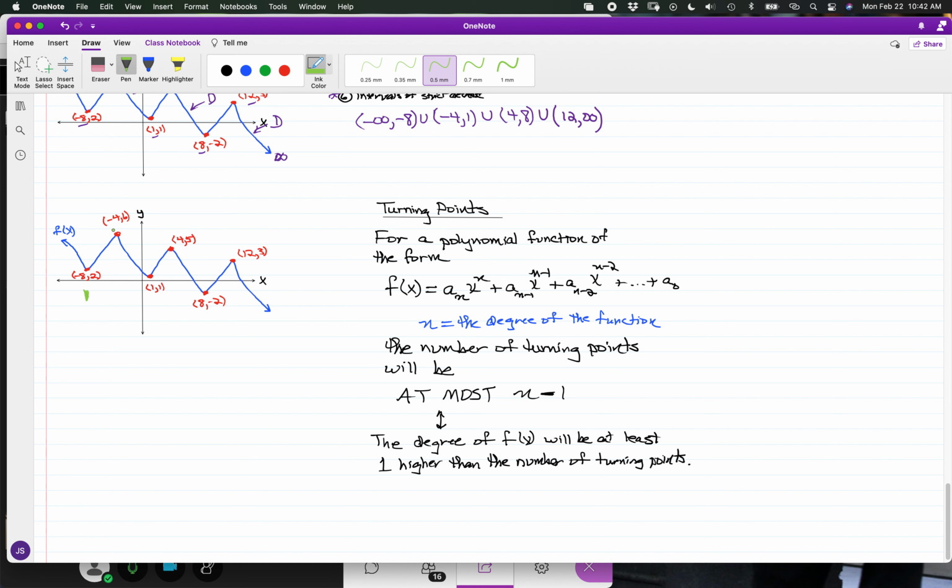It's got 1, 2, 3, 4, 5, and 6. Okay, so you're going to have 6 turning points here.